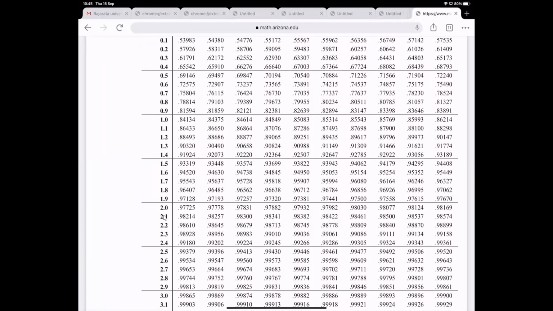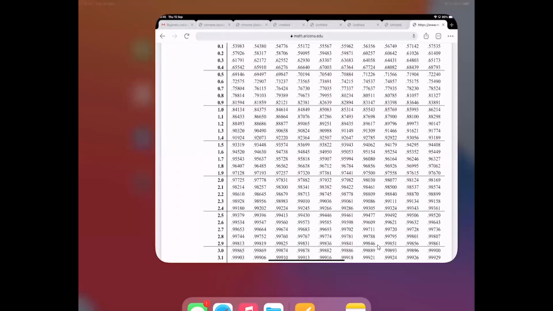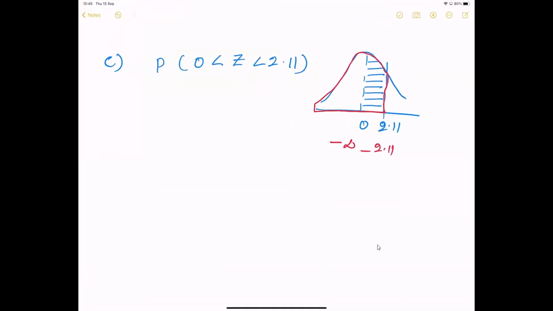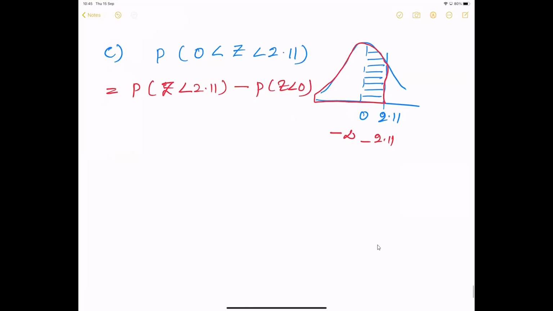2.1 is here, and 1 is 0.98224. So how can we simplify this? Z less than 2.11 minus Z less than 0, as we discussed earlier: from negative infinity to this one, and negative infinity to 0.